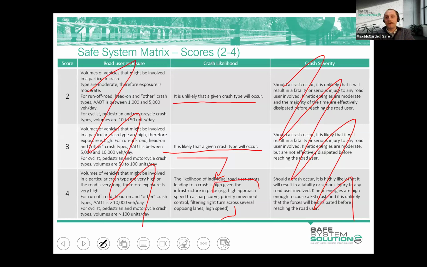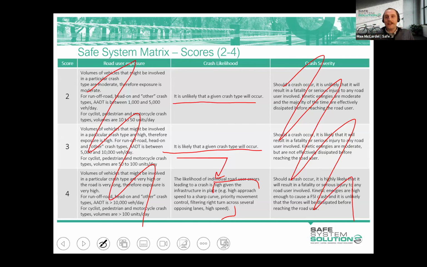So it's not just one person's opinions, and they may have biases. You conduct this as part of a team, and you have these discussions: well, is it unlikely? Is it likely? You put down all those factors, increasing and decreasing that risk, and you come together for a score.